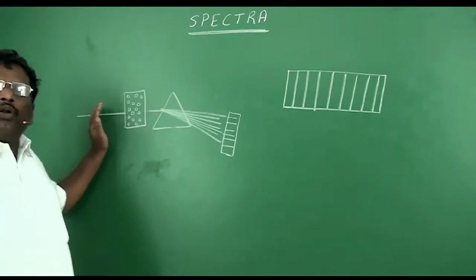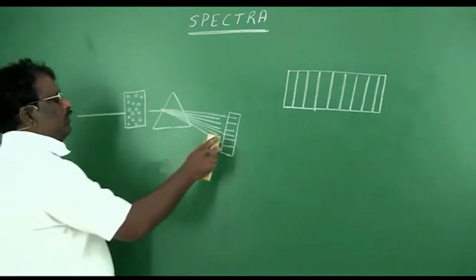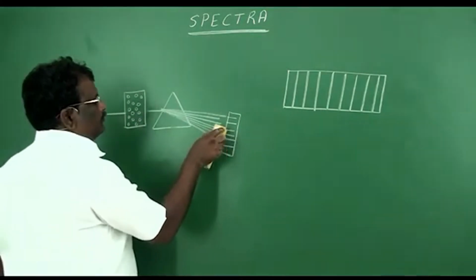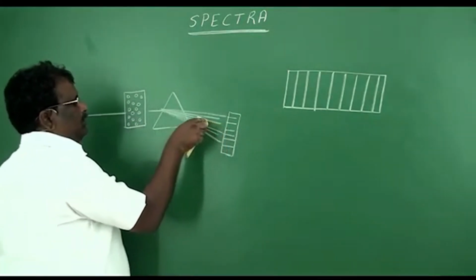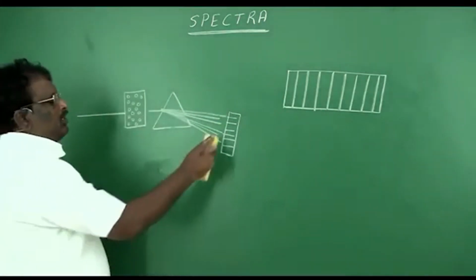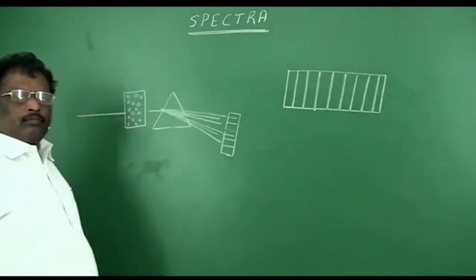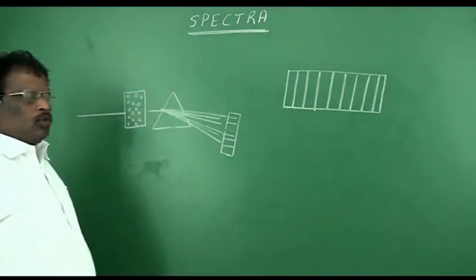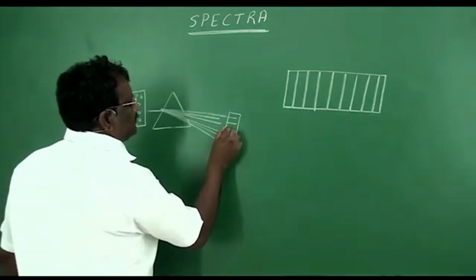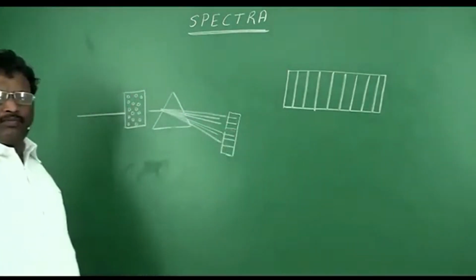So, before this light enters the prism, suppose this wavelength was absorbed. What happens? This line in the spectra will disappear, and because of that there will be a gap here. So all the lines will appear in the spectra except the line that was absorbed by these atoms.